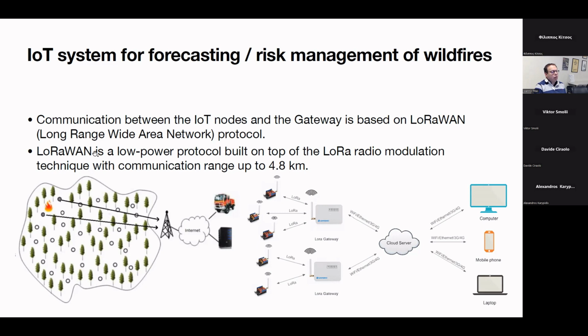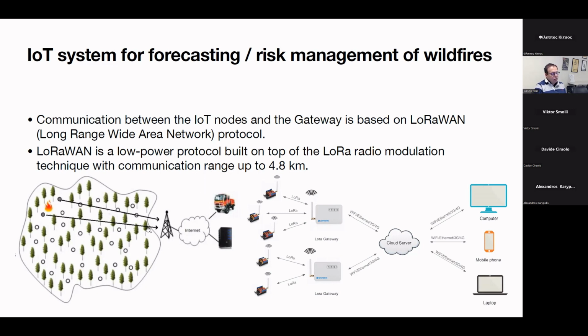And LoRaWAN is a low-power protocol built on top of the LoRa radio modulation techniques. It provides a communication range of up to 4.8 kilometers. Of course, this depends on the geography, but these are the specifications.